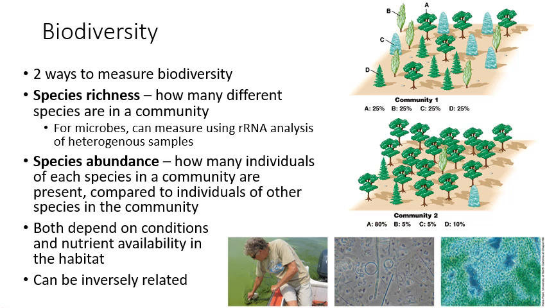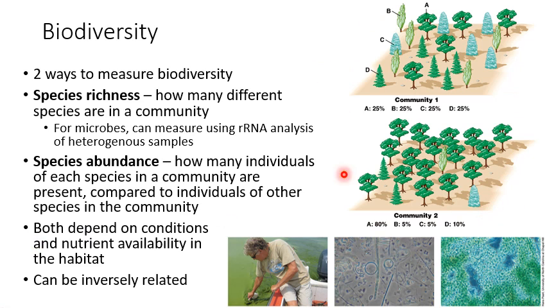In any case, the species richness and the species abundance will always be determined by the conditions of the environment or the habitat where you're measuring. So that depends on the physical conditions of the environment and also, of course, what nutrients are available there and how much of those nutrients are available.